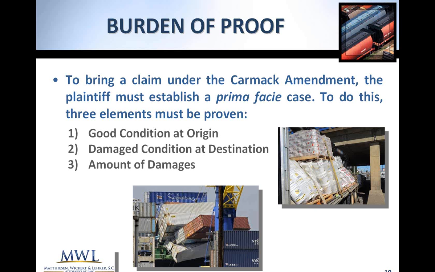Number 1, that the goods were in good condition at origin. When they were on the tractor trailer, when they were on the container, they were not damaged. They made their way onto the container intact. The second element is that when they arrived at their destination, they were damaged. And the third element is a specific or determinable amount of damage.